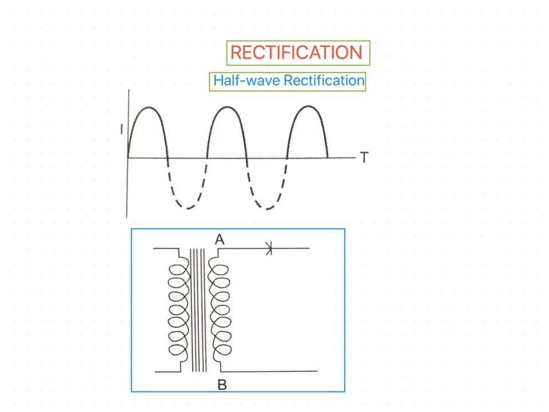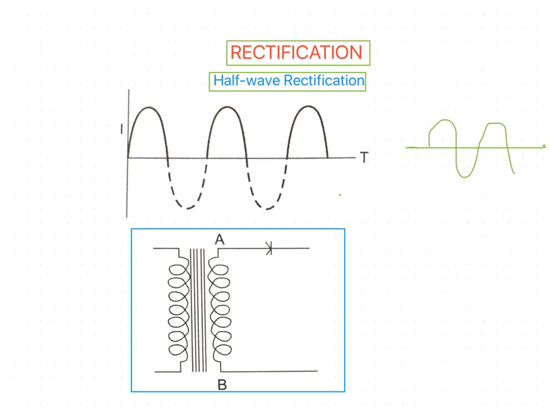Now we will see the process of rectification. There are two types of rectification: half wave rectification and full wave rectification. Here you can see the graph of half wave rectification. As we know, the alternating current has a bipolar nature.